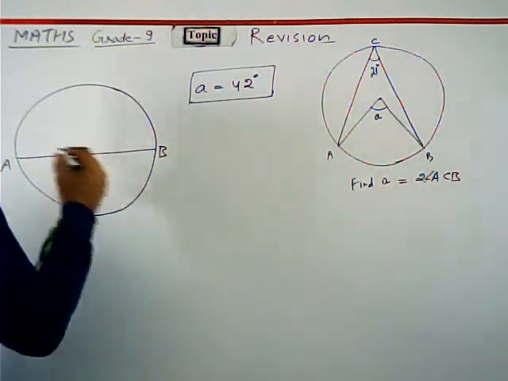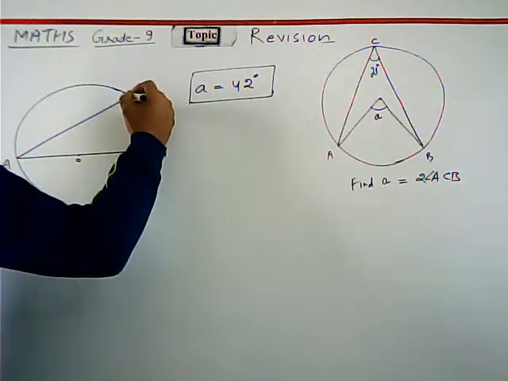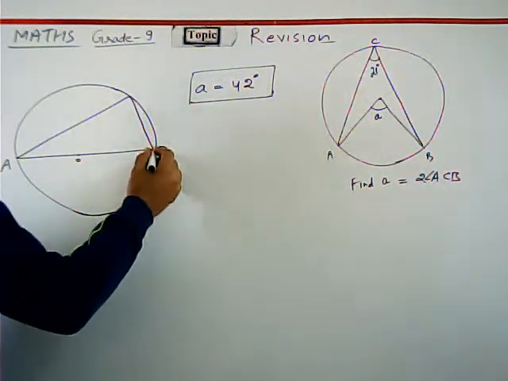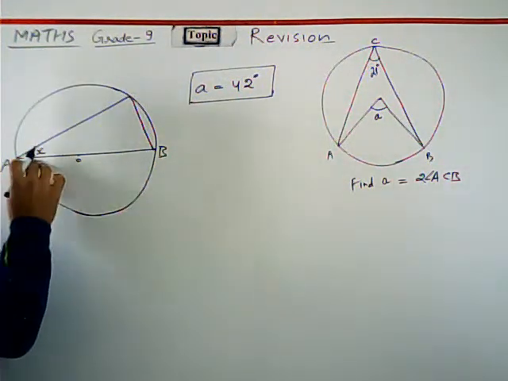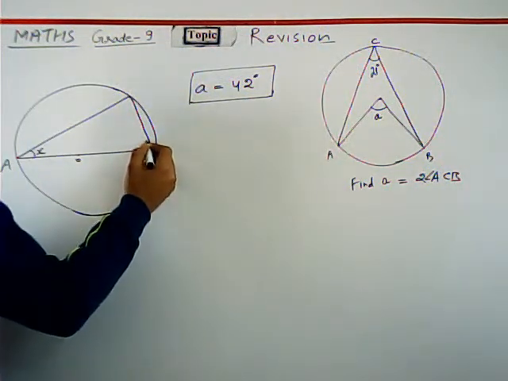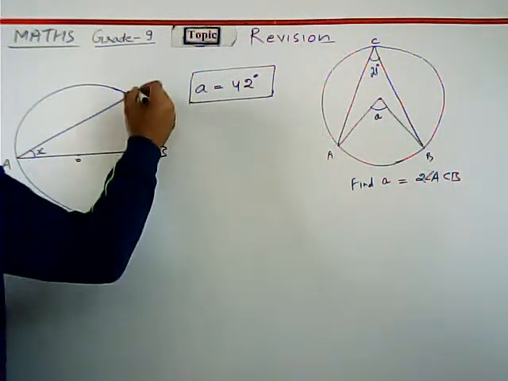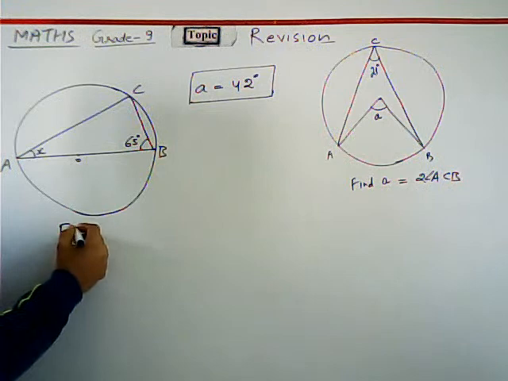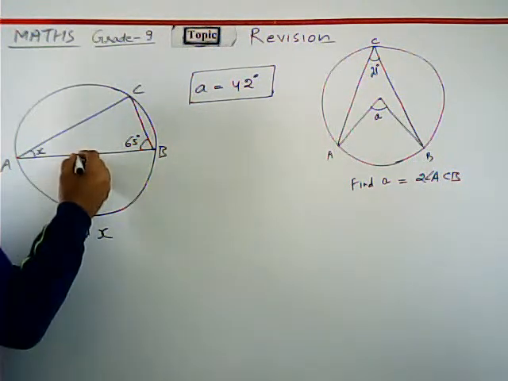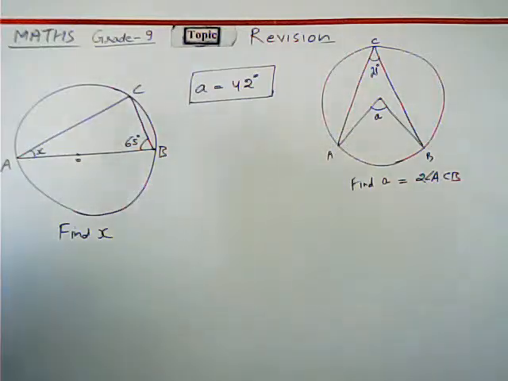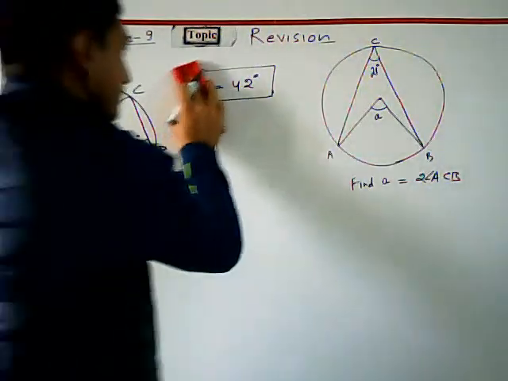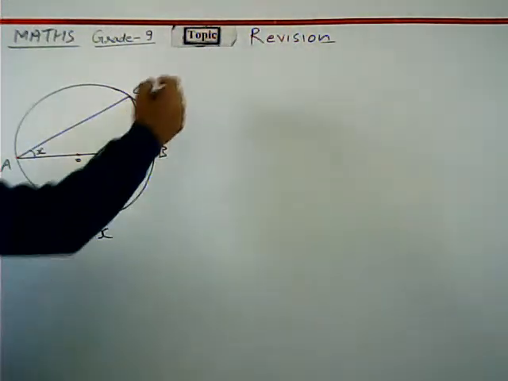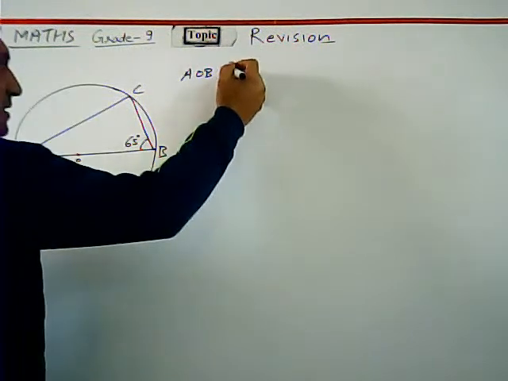You have to find angle X. If this angle ABC is 65 degrees, find X. AOB is the diameter.